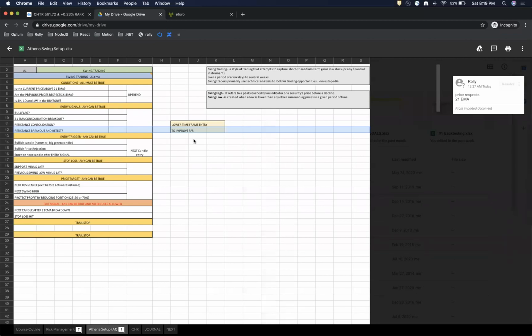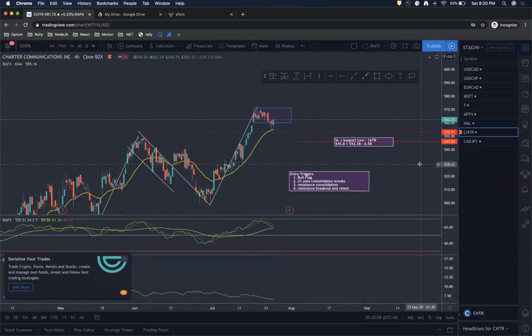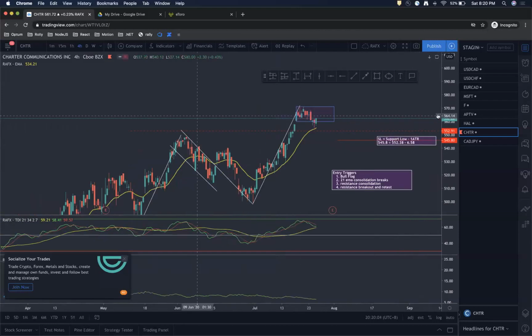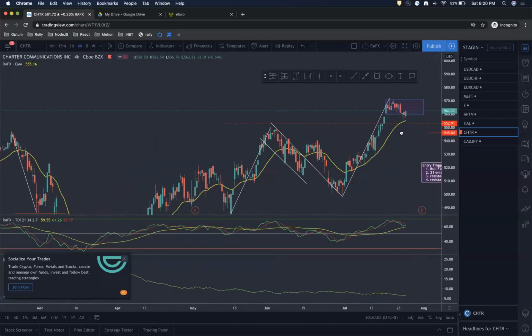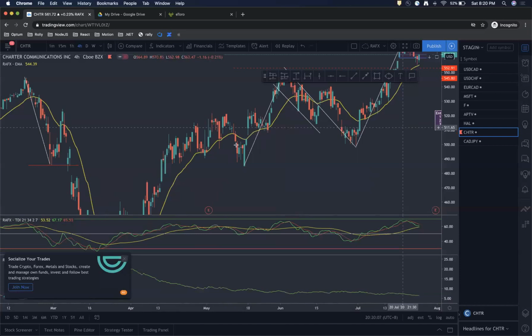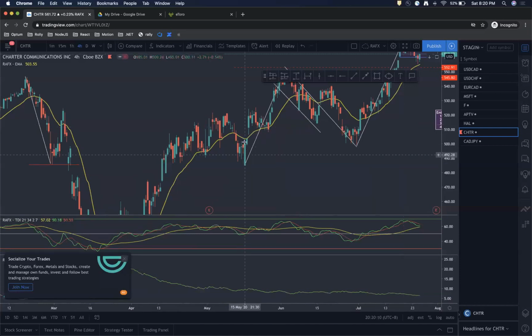Okay? So the entry trigger can be the next bullish candle, yung hammer, the bullish price rejection. So pag sinabi mong price rejection, it can be bullish price rejection. Let me have some example of those. Okay, so this one is a bullish price rejection.